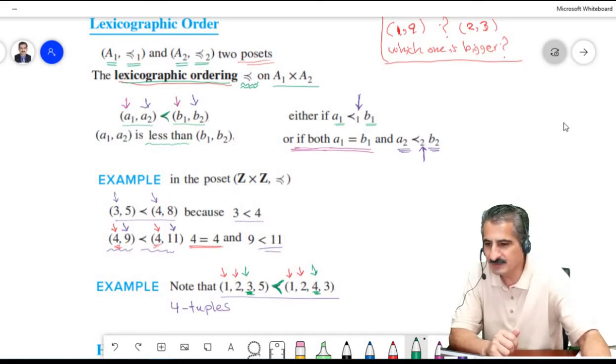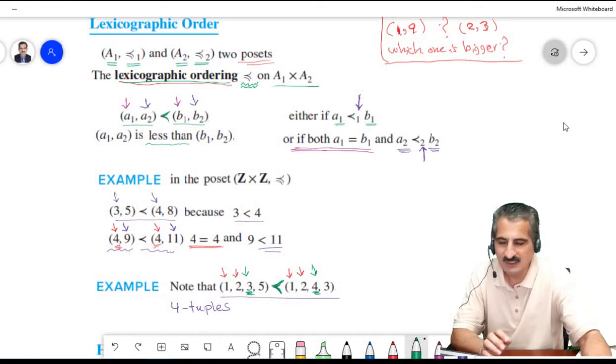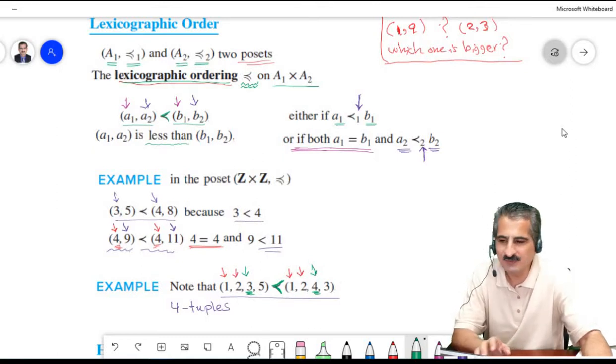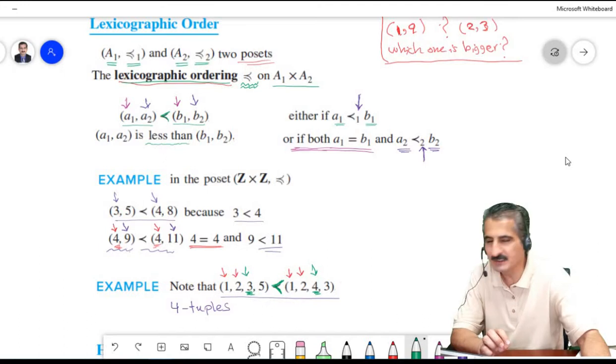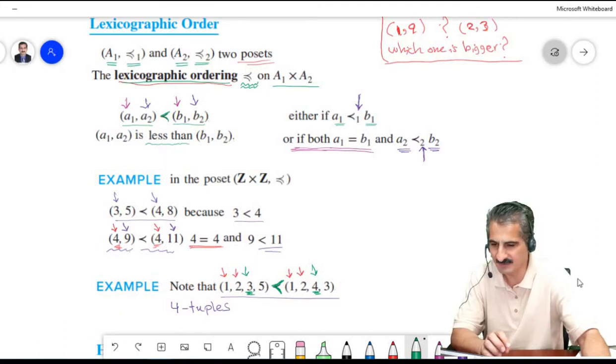But here we used the relation less than, the natural one we know between integers, and we have taken it that direct and easy. And I believe in the exercises it will be the same. For now we are interested in these cases only for lexicographical ordering. We will see later, when we go to exercises, if some different relations according to coordinates are defined. We will look at them later.